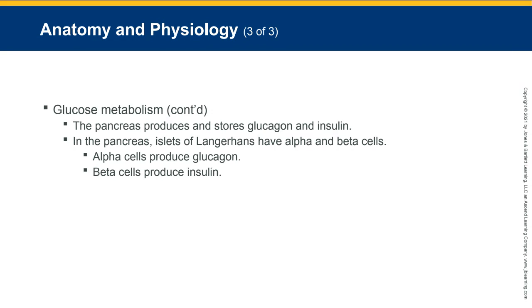But generally speaking, glucagon will be produced when the blood sugar is not sufficient. What glucagon does is it converts glycogen that is stored in the liver to glucose. That's the purpose of glucagon.